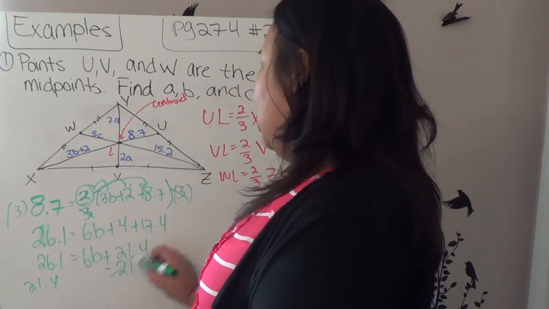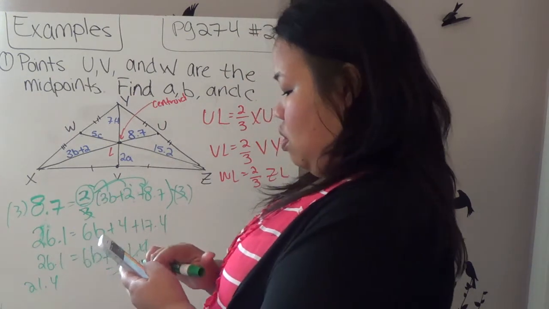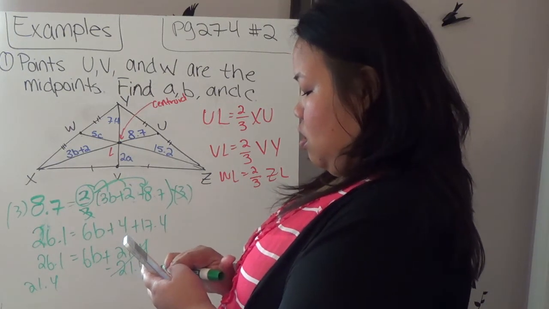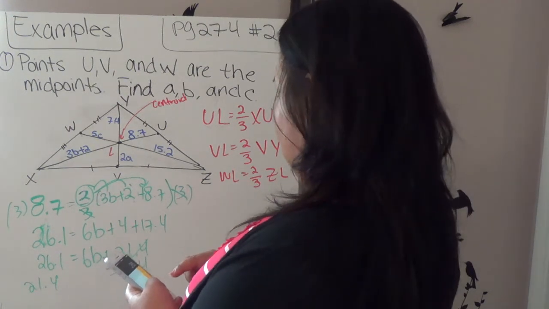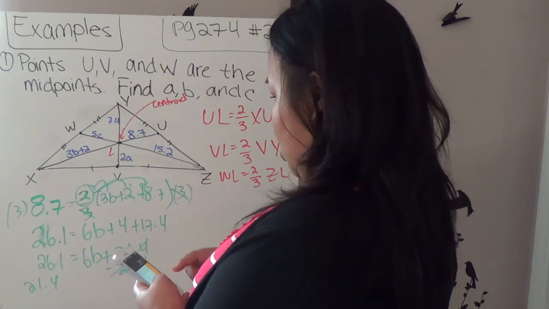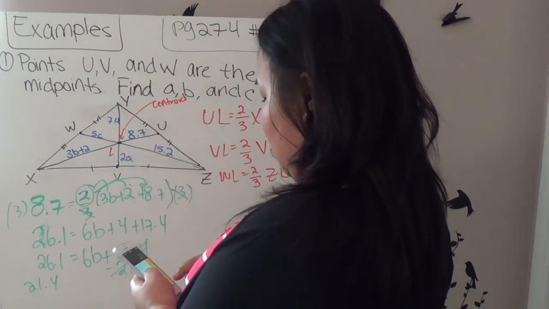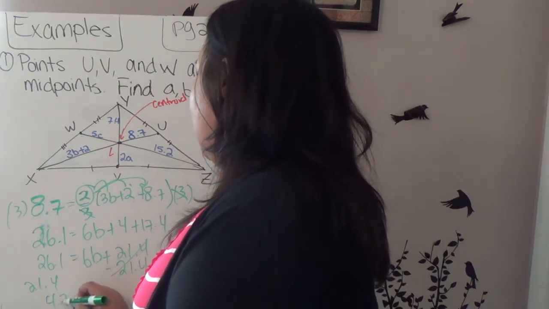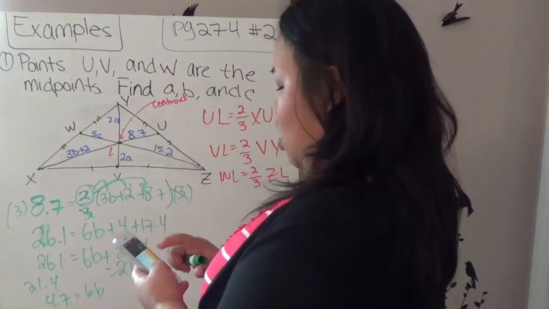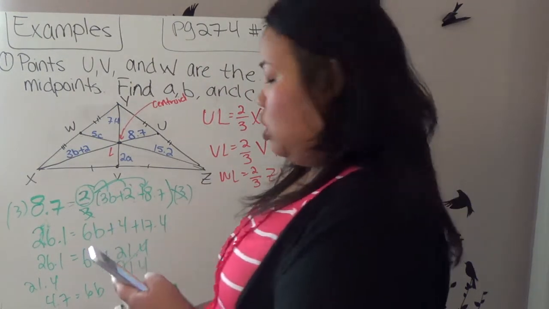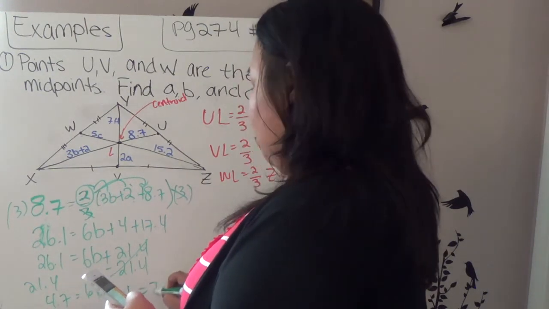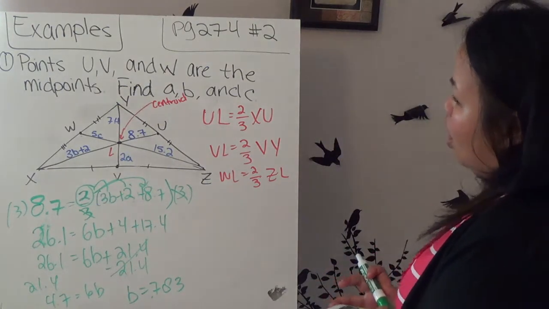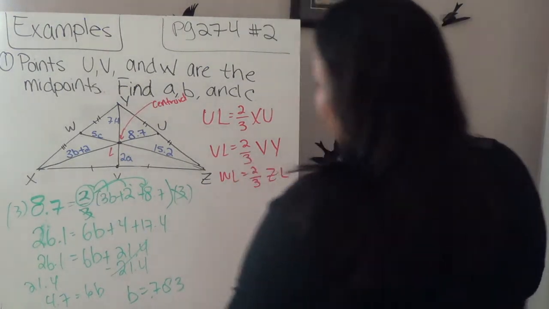Okay, these and these cancel out, and I have 26.1 minus 21.4. Sorry guys, that's Miss Grace. Which is 4.7 equals 6b. And then I'll divide both sides by 6, which gives me b equals 0.783.